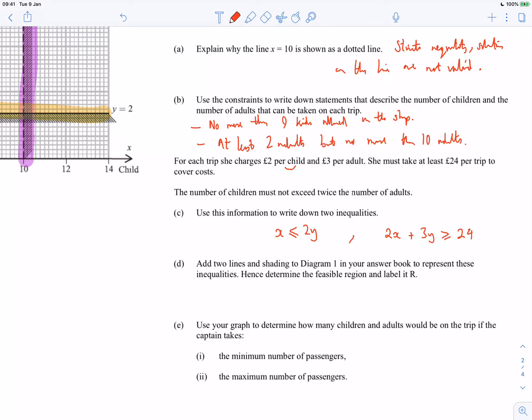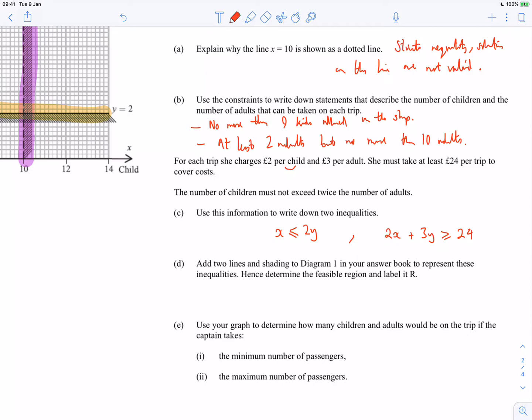I'm hoping you can see where I got those from. A lot of this is just reading and going, okay, I just need to form some inequalities. It's a pretty simple skill, but if I do it a couple of times, you'll get the gist of it, I'm hoping.